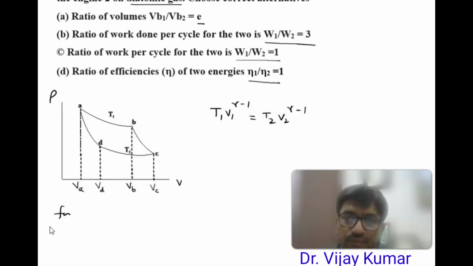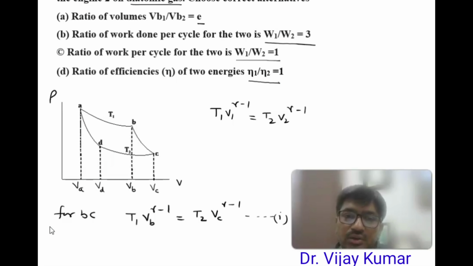So for BC, we can write T1 VB to the power gamma minus 1 equal to T2 VC to the power gamma minus 1, since the temperature at C is T2. This is equation number 1.